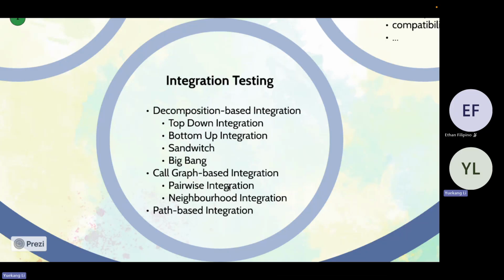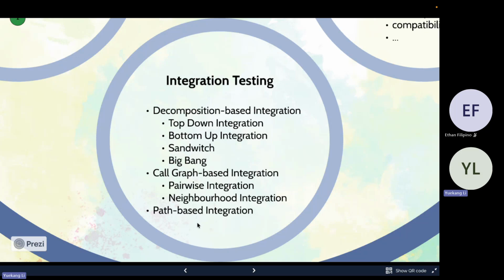For example, we can do pairwise integration by combining all the pairs of functions on the call graph, and we can also try to do neighborhood integration, which is to define the size of the neighborhood and build neighborhoods as integrated components.